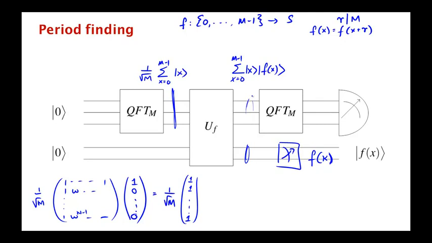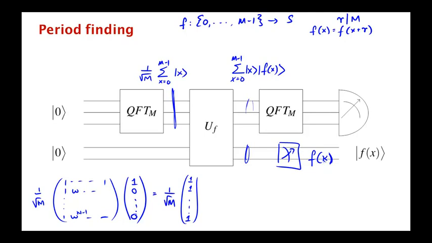What's the state of these wires? Well, remember what the rule of partial measurement is. If you measure these wires and the outcome is something, you sort of cross out all those parts of the superposition that are not consistent with this outcome. So you cross out all those x's such that f of x is not equal to f of k.